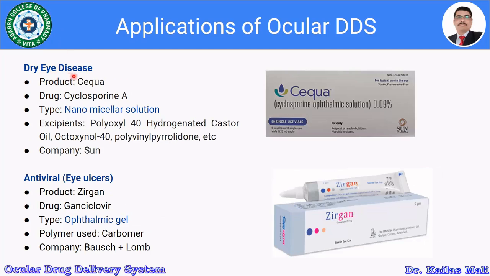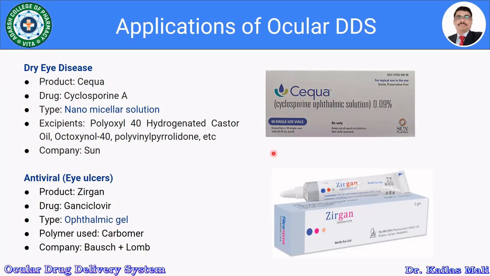For dry eye disease, the product Cequa is available. It comprises cyclosporine ophthalmic solution. It is available in the form of an ophthalmic solution. It is a nanomicellar solution. It contains excipients like polyoxyl 40 hydrogenated castor oil, octoxynol 40, and polyvinyl pyrrolidone, and it is developed by Sun Pharma.